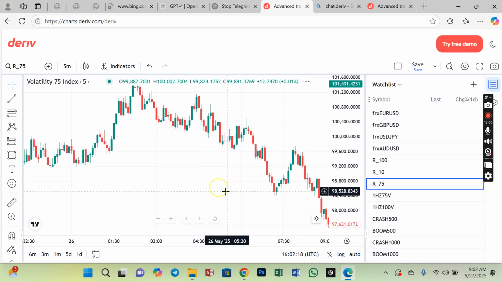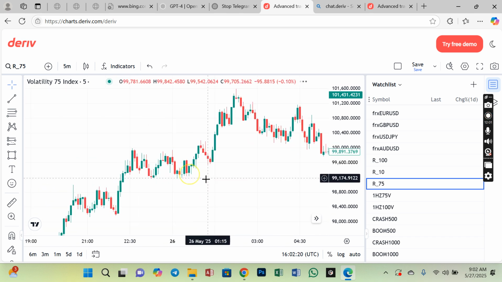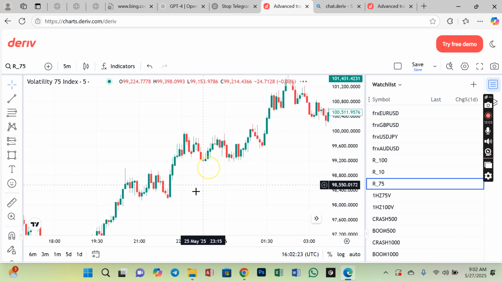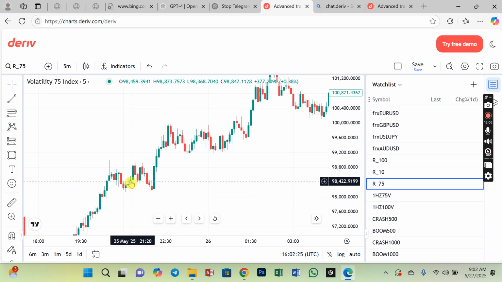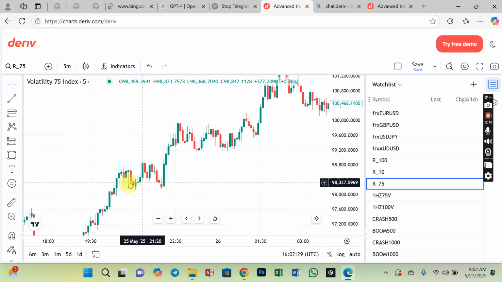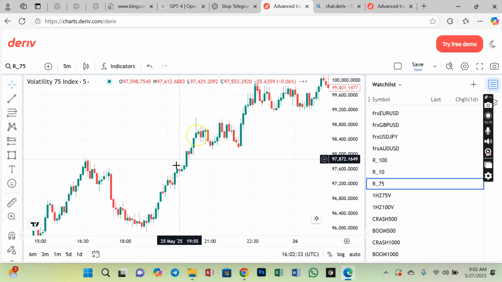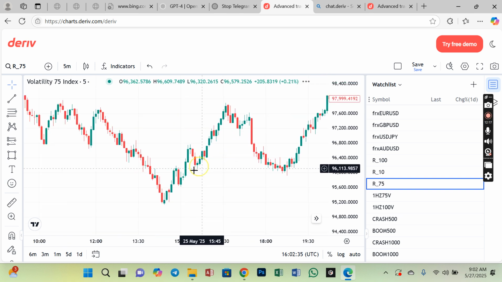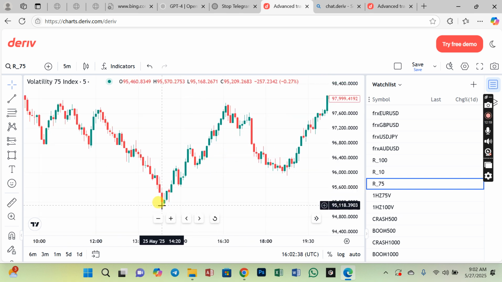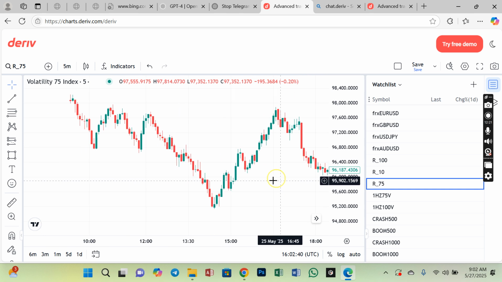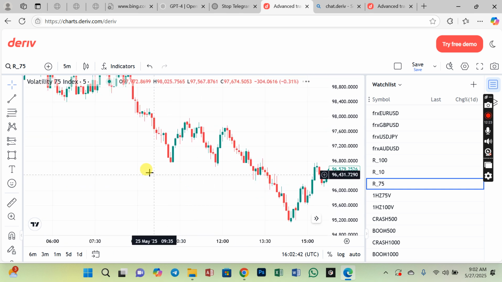Let's see if we can find a buy order block. Guys, we're still finding our buy order block, the one that actually played out.